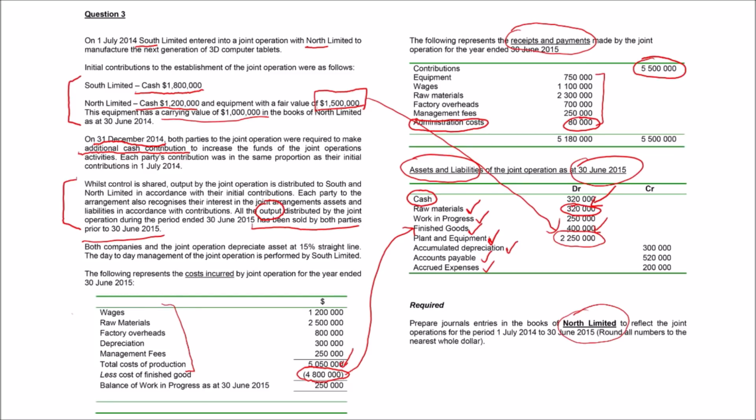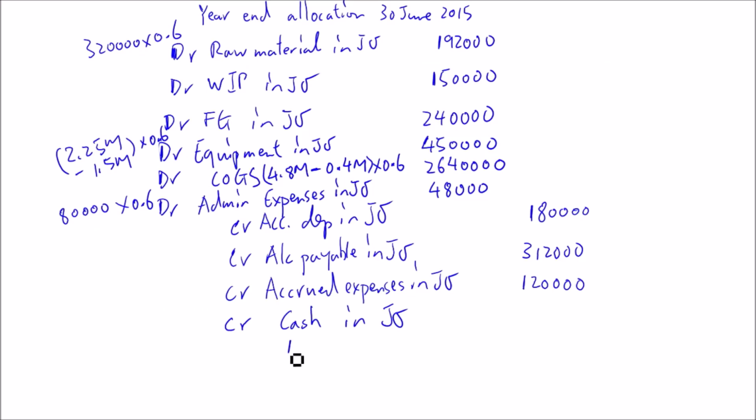And you know that 60% of this amount will be recognized or shared by North Limited. So $1.8 million plus $1.5 million, that's the total amount of cash recognized by them, minus 320,000, and 60% of that. As a result, the change there is going to be $3.108 million.